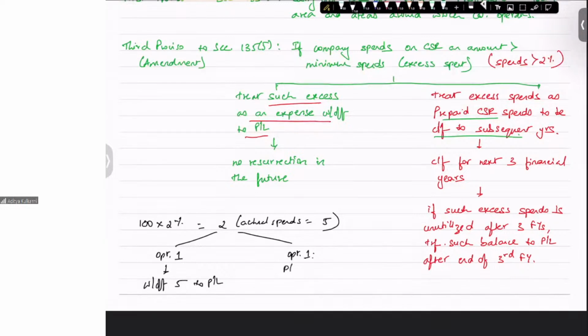So to the P&L, you will write off 2 and then you will carry forward 3. The carry forward 3, you will do it for how long? For the next 3 financial years. In that also, if you cannot utilize this 3, then it lapses at the end of the 3rd financial year. You will write it off to the P&L. Is this part clear? Yes. Are we clear with this?